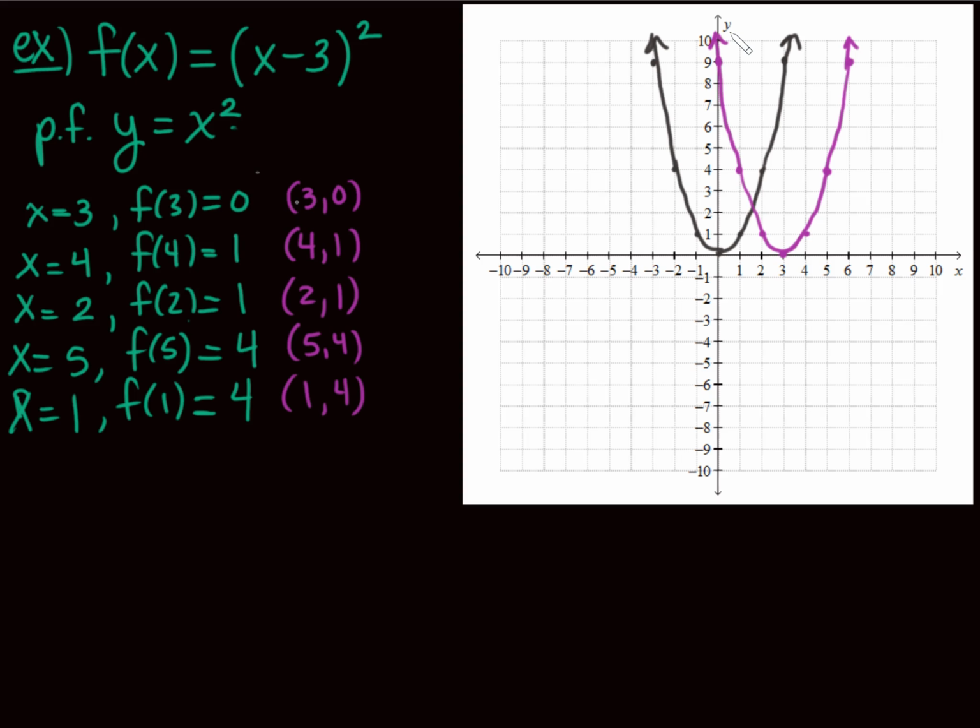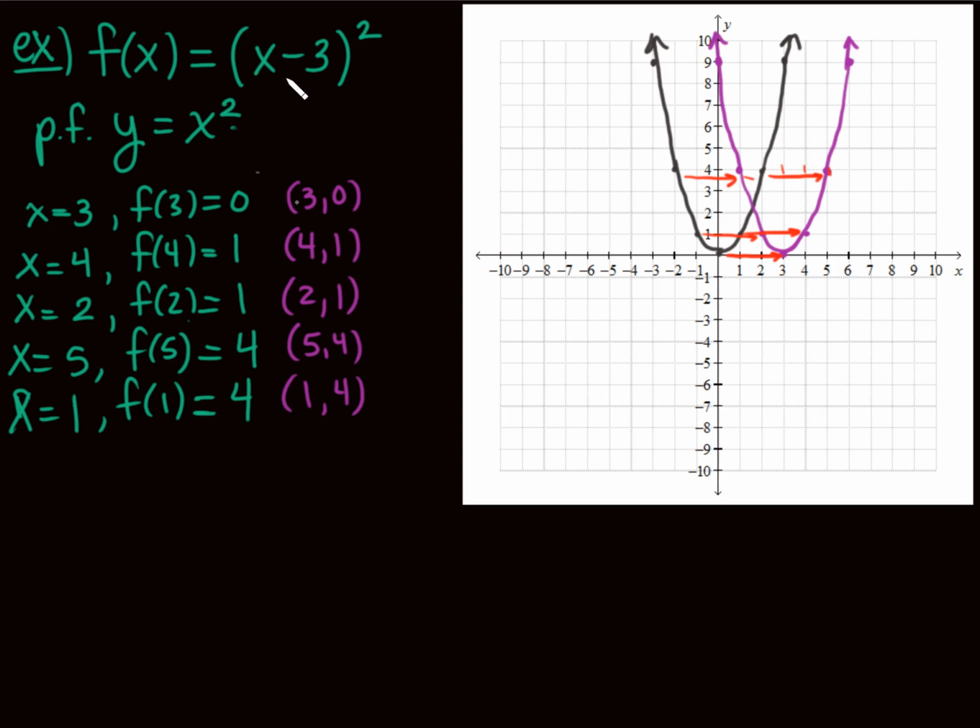So it's pretty clear to see what happens with this function. How do I get this function from my parent function? I think this one's pretty obvious. Every point that I have is shifted to the right 3 units. This one goes right 3, that one goes to the right 3. Do you see that? 1, 2, 3.